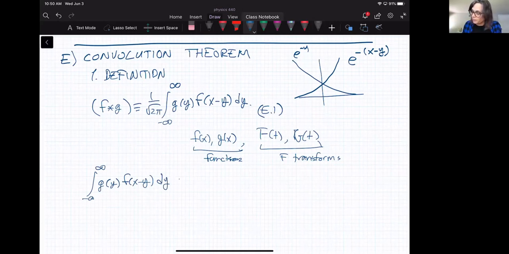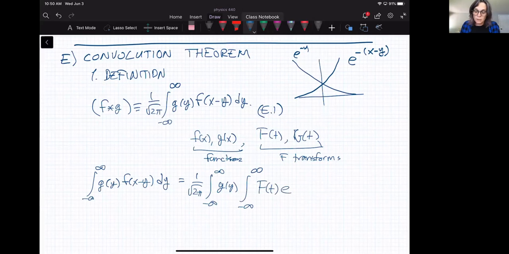Namely, we have 1 over root 2 pi times the integral from minus infinity to infinity of g of y, but then we can look at that other function and realize that we can write it as the integral from minus infinity to infinity of the inverse Fourier transform, F of t times e to the minus i t (x minus y) dt, and then all of that dy.